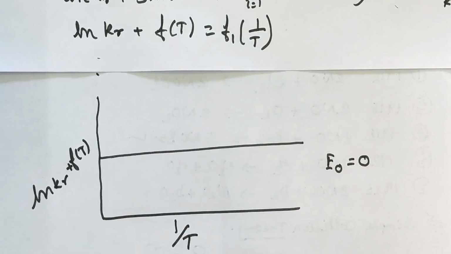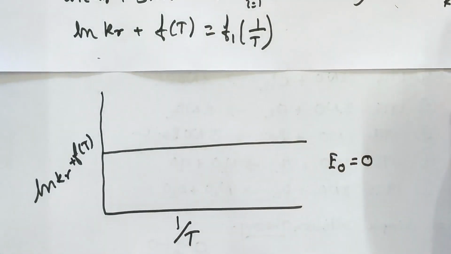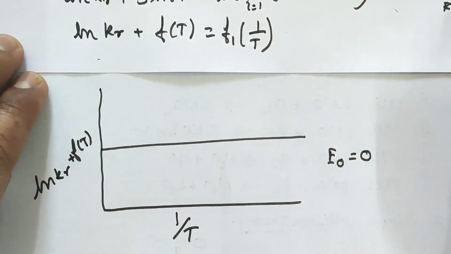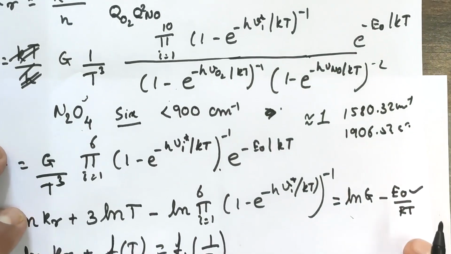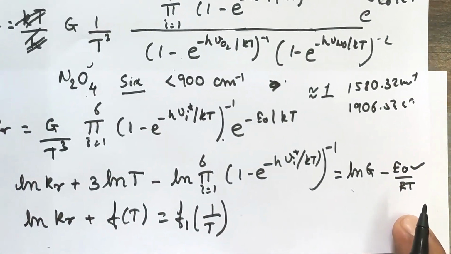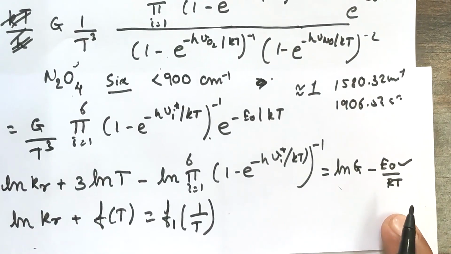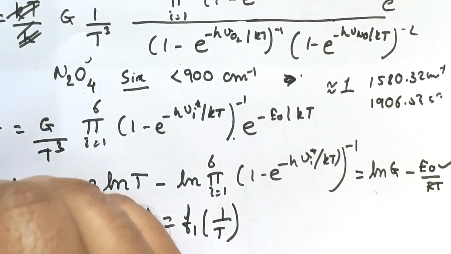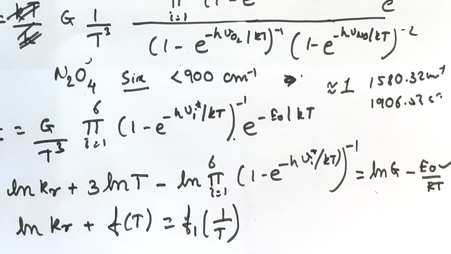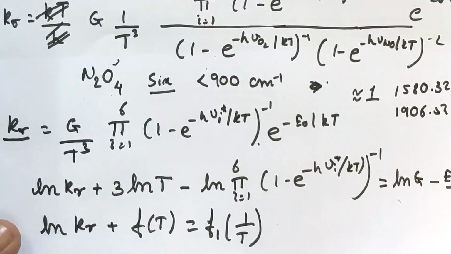This value of E0 equal to 0 can be used in this expression to evaluate the activation energy and the rate constant k, and hence the theoretical rate constants can be calculated by using this result.